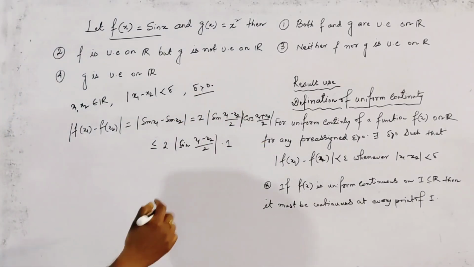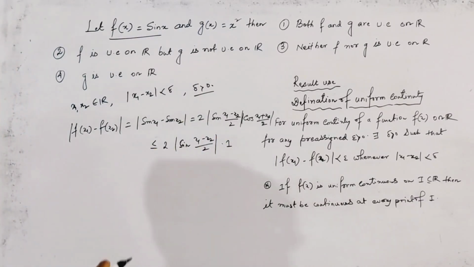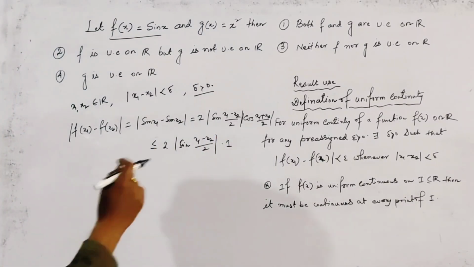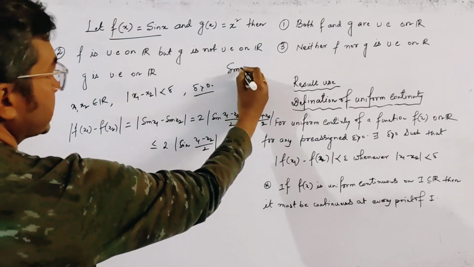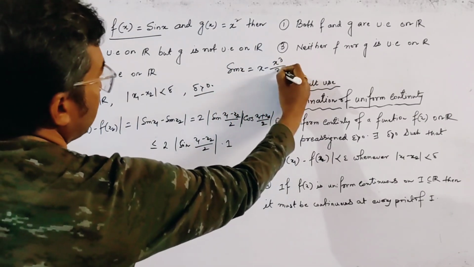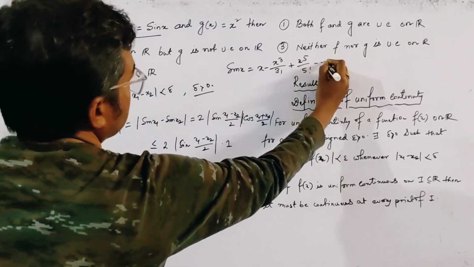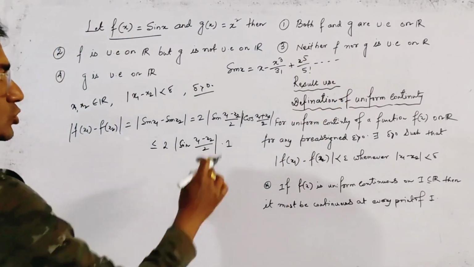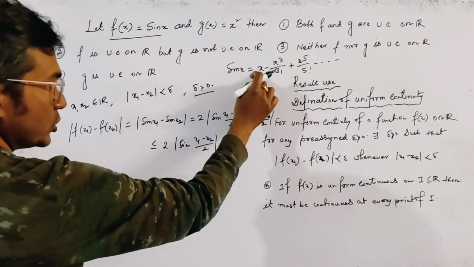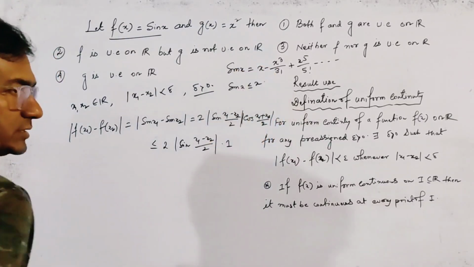And we know that if this x1 - x2 is very small, then we expand sin x in the series expansion x - x³/3! + x⁵/5! and so on. So we can write here, for small values of x, |sin x| ≤ |x|.